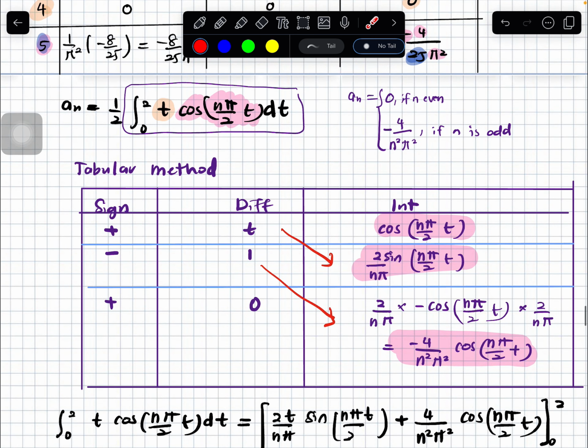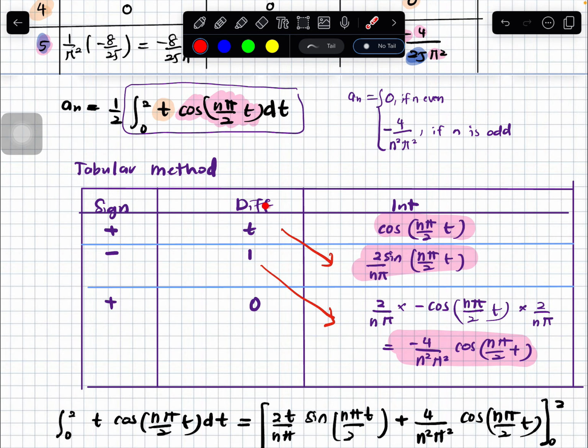So in the tabular method, you have to provide 3 columns, which are sign, differentiation, and integration columns. For the sign column, we start from plus, then followed by minus, plus, minus. So the sign is alternating, okay, plus, minus, plus, minus.